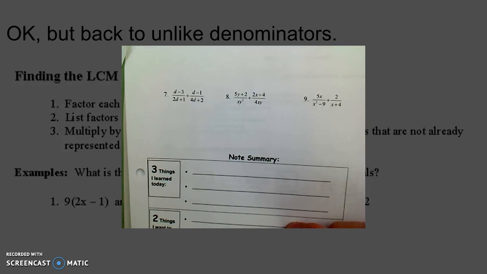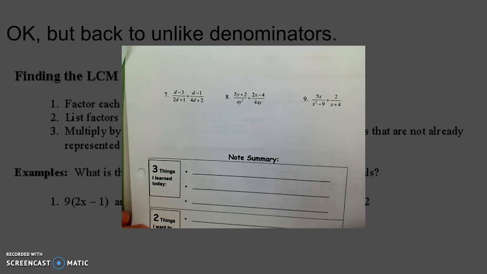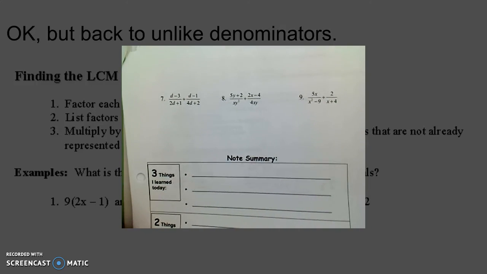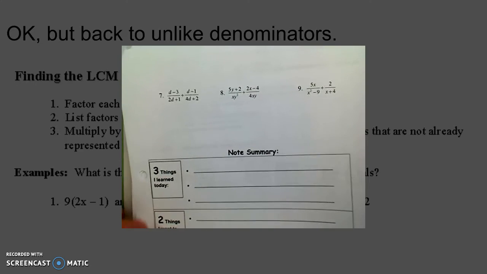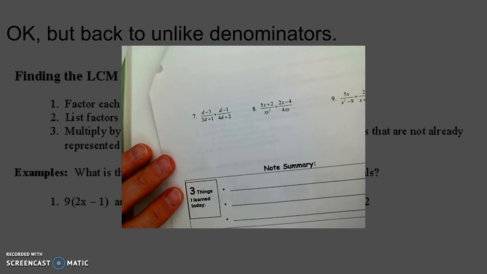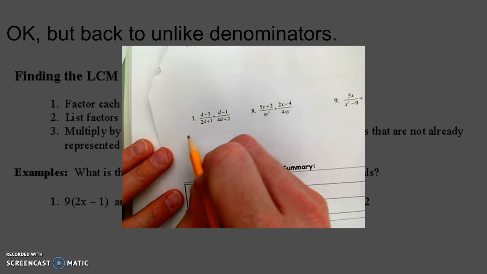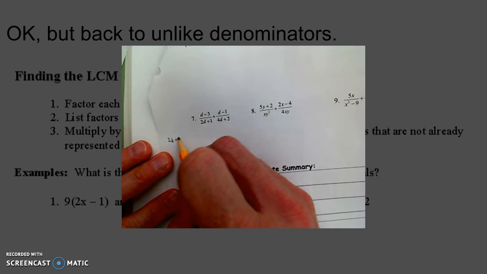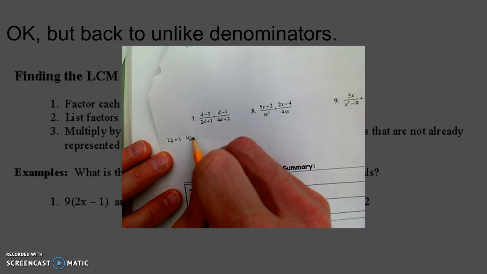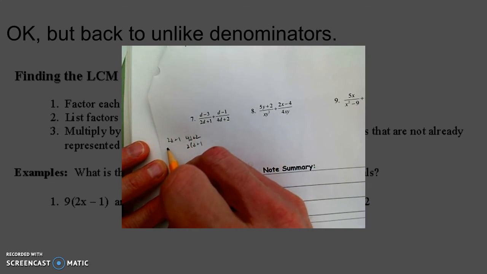Let's skip on ahead to one that's a little bit more challenging. Taking a look at example number 7. 2d plus 1, 4d plus 2. 2 times d plus 1.